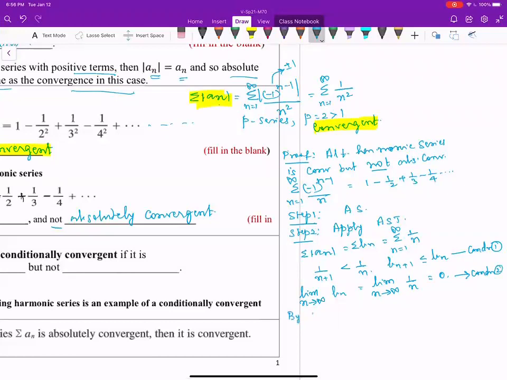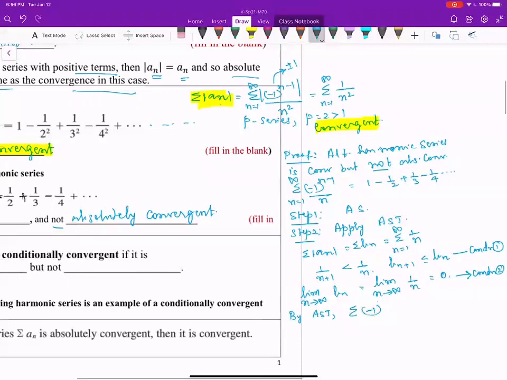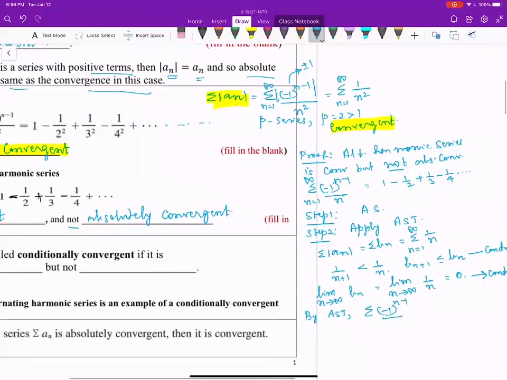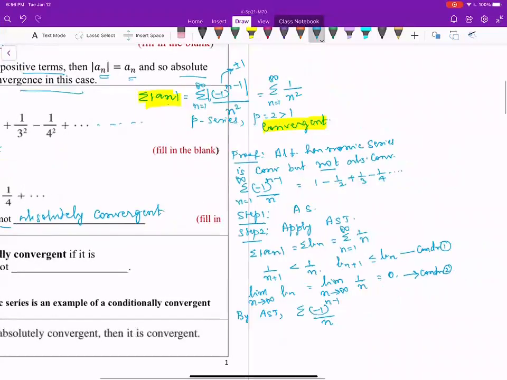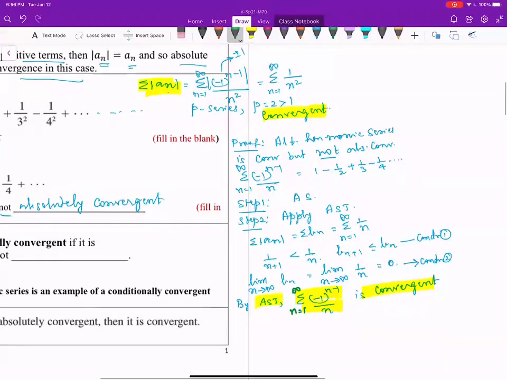Therefore, by the alternating series test, you can conclude that sigma (negative 1) to the power n minus 1, over n, is convergent. When you write sigma, it's assumed that n varies from 1 through infinity.